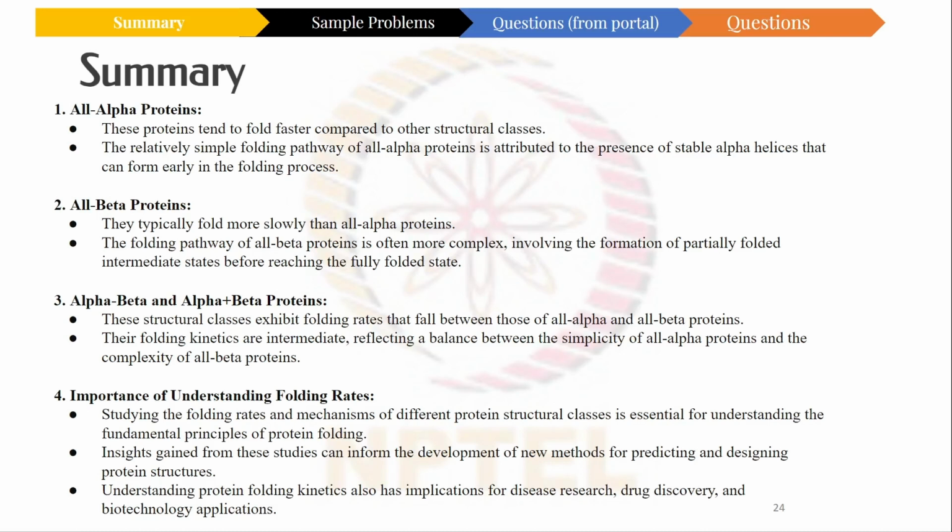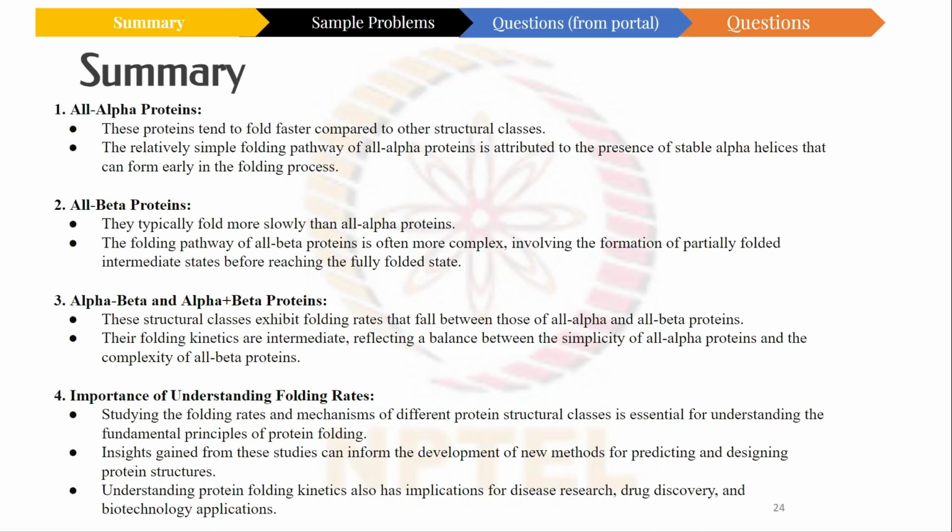That is a higher folding rate. If a protein has 1 millisecond as its folding time, that is 1 divided by 10 to the power of minus 3, since it's a millisecond. So when we take it to the numerator, it is 10 to the power of 3. So this is how they differ.